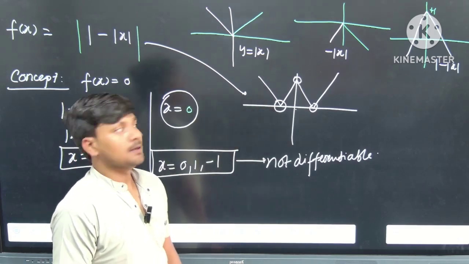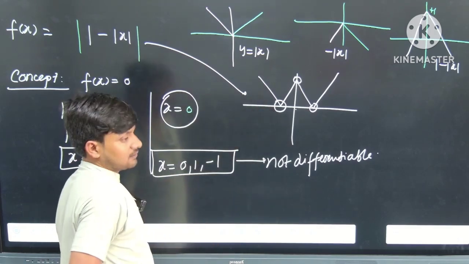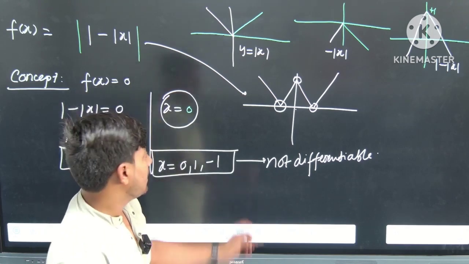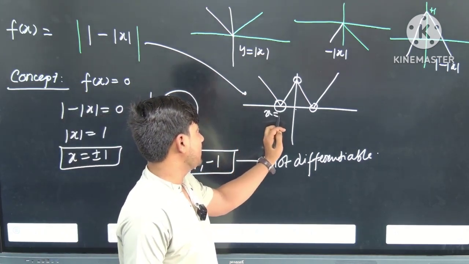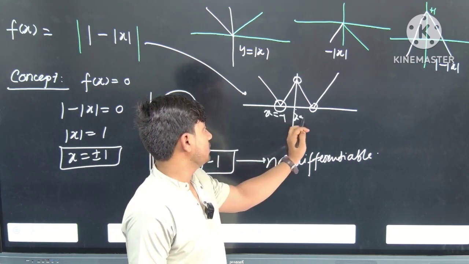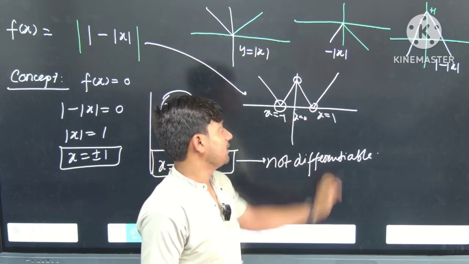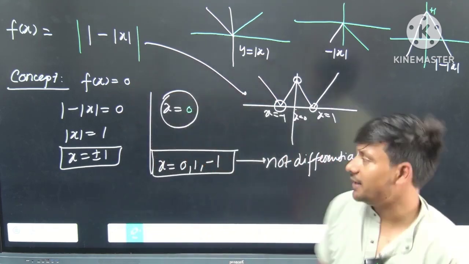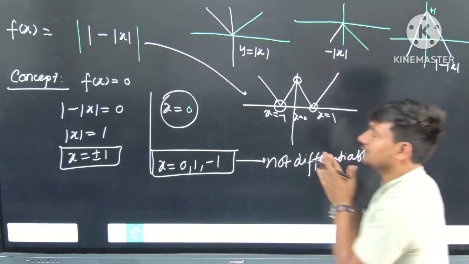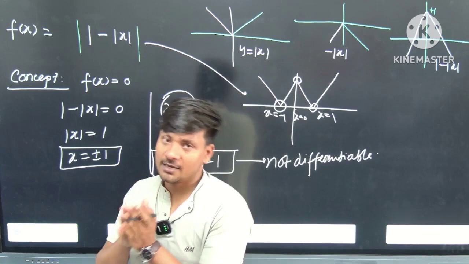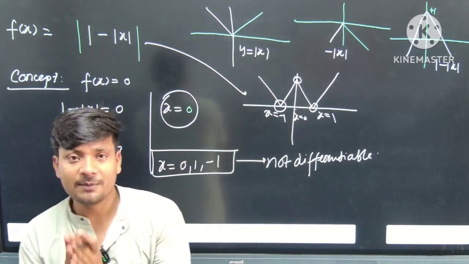That's why the concept of a unique tangent will not be applicable there. Hence, the function is not differentiable at x equals minus 1, 0 and 1. So in this question, we discussed the differentiability of this function with the help of the graph as well as with the help of our concept.